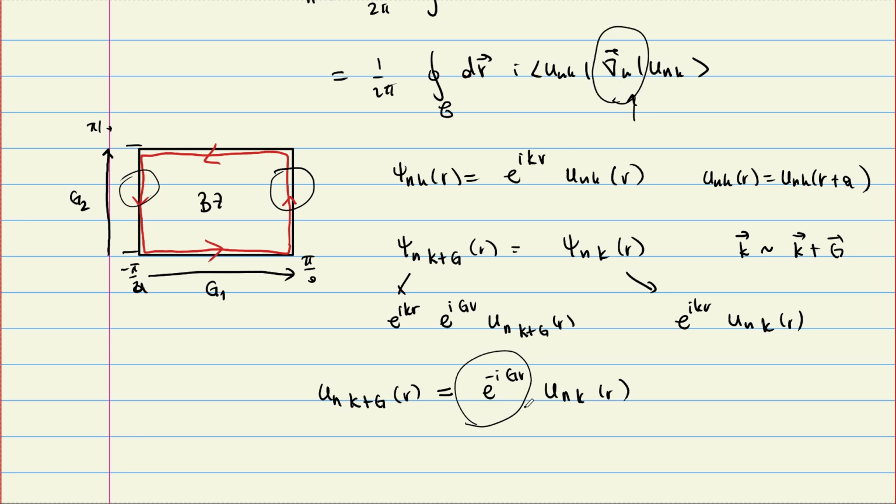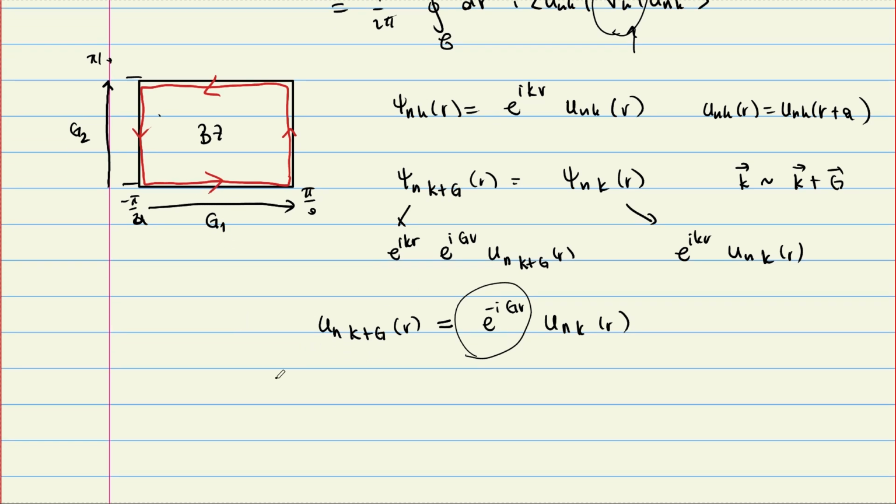So it's just going to go through the gradient, and e^{ik} here is going to cancel e^{-ik}. At the end, the contribution coming from here is going to be the same as the contribution coming from here. But this contour is going up, this contour is going down, so they are going to cancel each other. Similarly, if there's a contribution from here, there will be a minus contribution from here, so there's going to be 0.